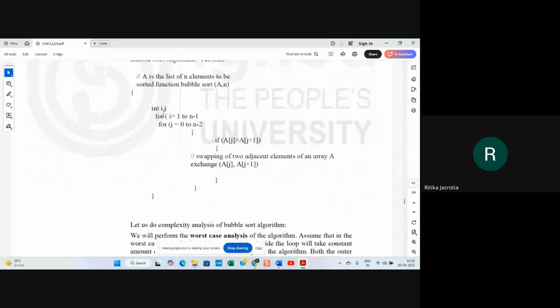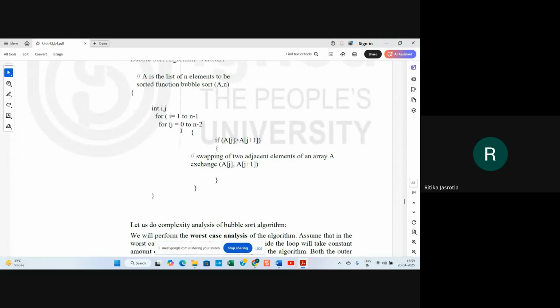And again they have used two for loops here in the bubble sort. For i equal to 1 to n minus 1 and j equal to 0 to n minus 2, and if a[j] is greater than a[j plus 1], then swap the values a[j] and a[j plus 1], exchange them, and go to the next one, compare it, and then go to the next one.